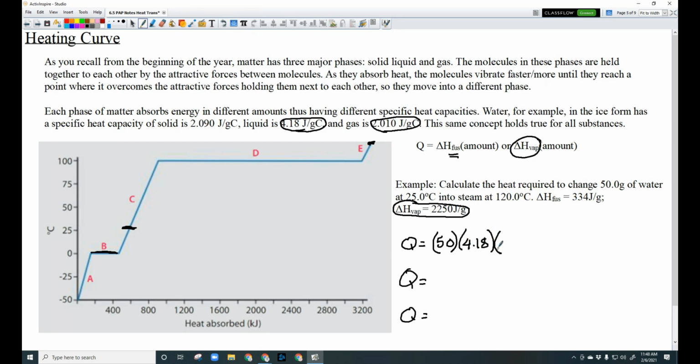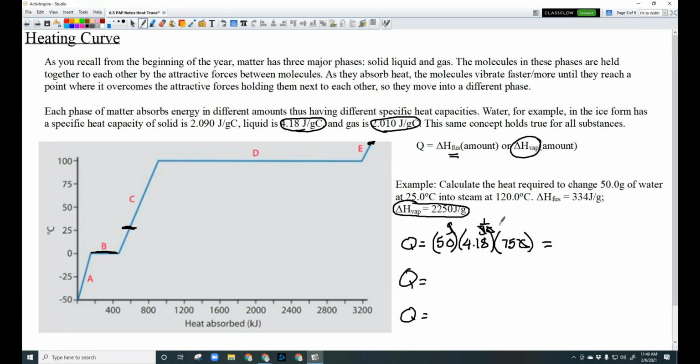I'm not putting my units in here, but this is grams, and this is joules per gram degree Celsius. And then the change in temperature is going to be from 25 to 100, so that's 75 degrees Celsius. That's the change. Again, Celsius cancels Celsius, grams cancels grams, and you're left with joules.